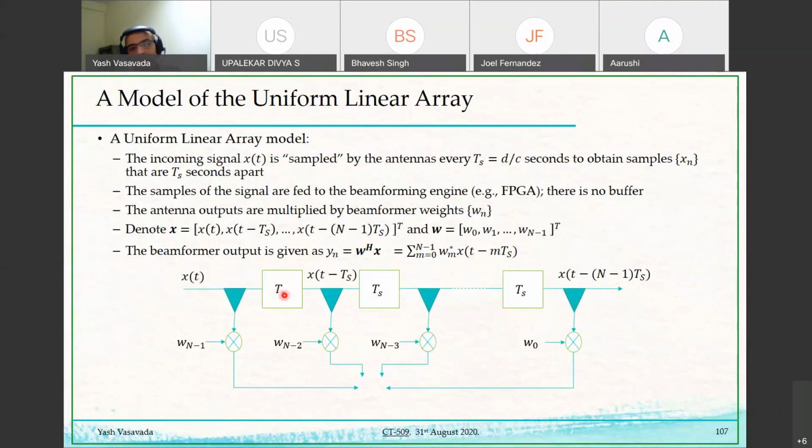In between two antenna elements, the signal experiences this delay T of S, which we had earlier denoted as tau. So in the time domain, this was T of S, now we are calling it tau. And the output of each of these antenna elements is getting multiplied by these filter coefficients W, which we are calling beamforming weights. And the beamformer just sums up all of those products and gives you the final output.